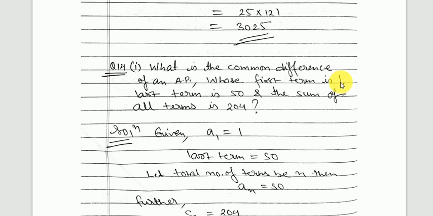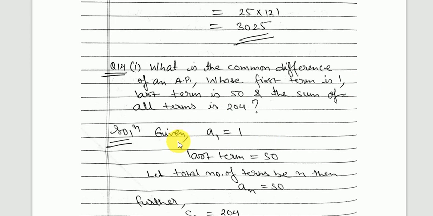So you know a1 is equal to 1 and the last term an is equal to 50, and the sum of all the terms is 204. Right now I don't know the common difference, and I don't know how many terms are added to get this 204. The only thing I know is the first term and the last term.